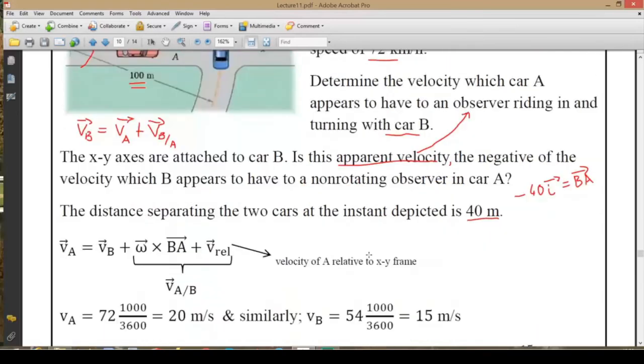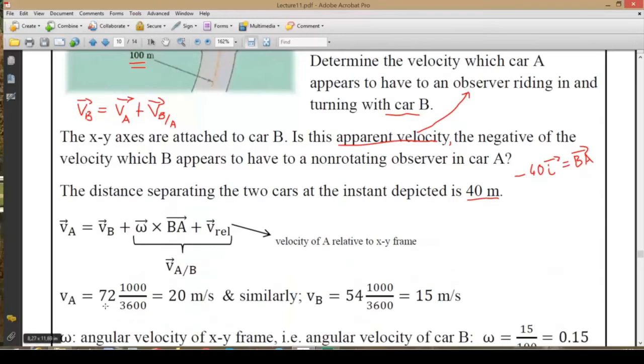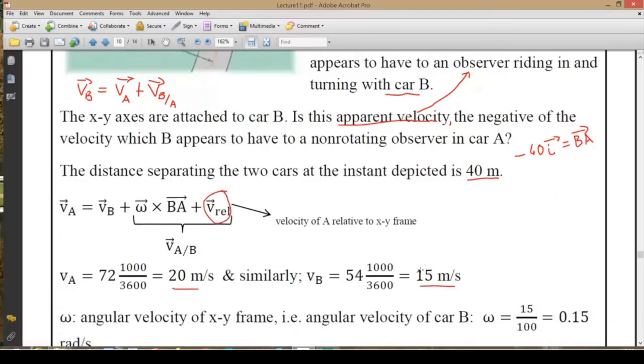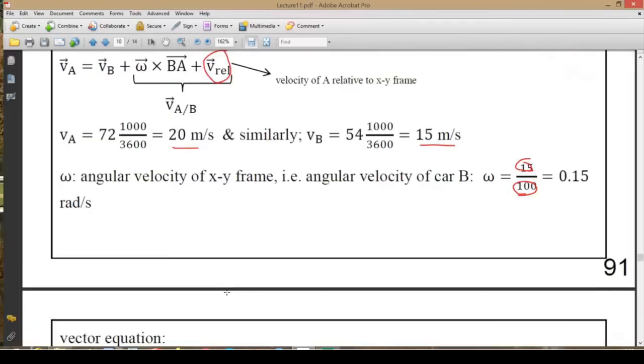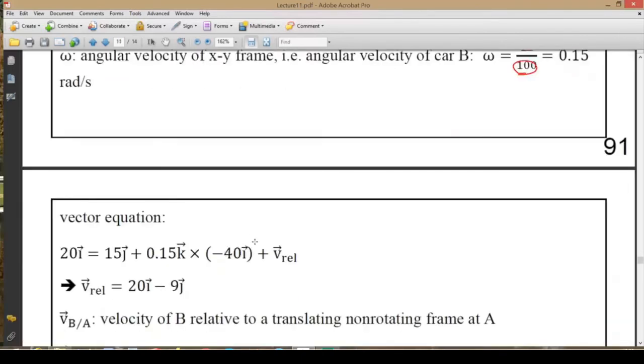Okay. So if we make use of that information, these velocities are given in kilometers per hour, we need to change them to meters per second. These are meters per second. This is what we are looking for. And then omega, the angular velocity, can be calculated by using this radius of curvature, 100 meters, and the velocity of car B. This is in radians per second. This is calculated. Then there is this negative 40 i. This is the BA vector.